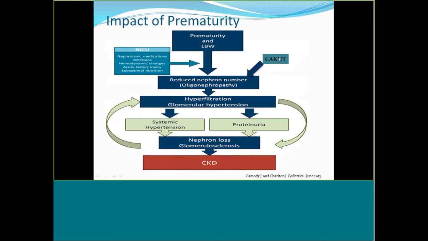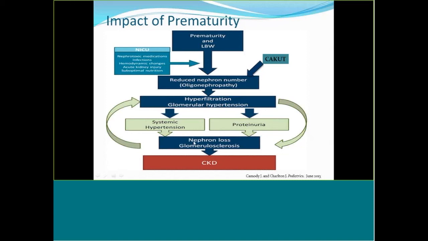So imagine now you're combining this with this, then you go to the NICU, you get a lot of medications that you need, but they are often nephrotoxic. There are hemodynamic changes, so you can end up with acute kidney injury. You end up with hypofiltration, glomerular hypertension, you get systemic hypertension, proteinuria.